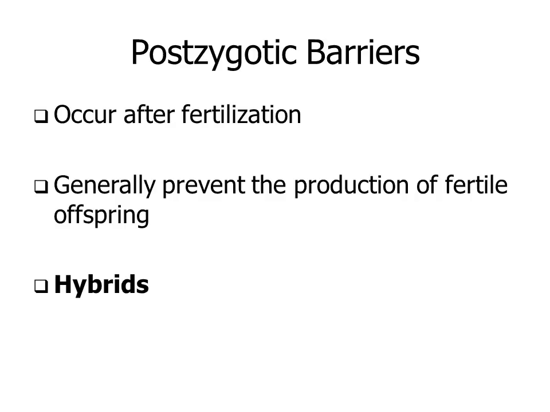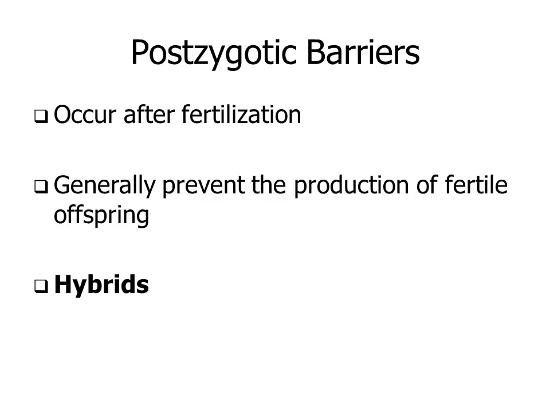Postzygotic barriers occur after fertilization and generally prevent the production of fertile offspring from individuals of two different species. And if an offspring is viable, that offspring is called a hybrid. So know that. These barriers are responsible for the production of hybrid individuals that either do not survive long after fertilization, or if they do survive, are infertile or have reduced fertility.